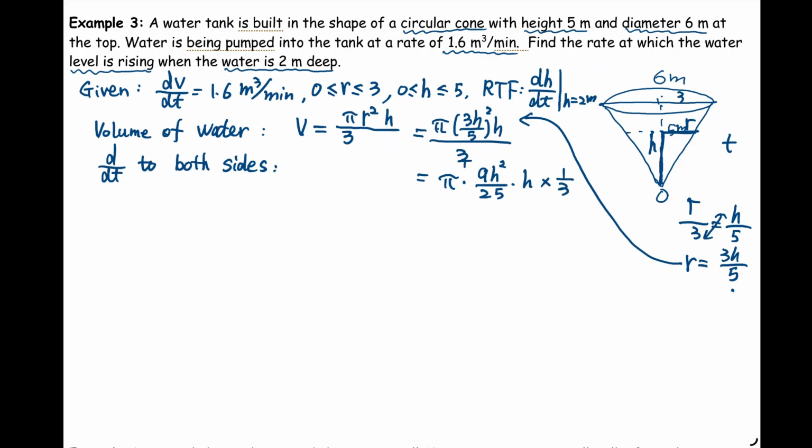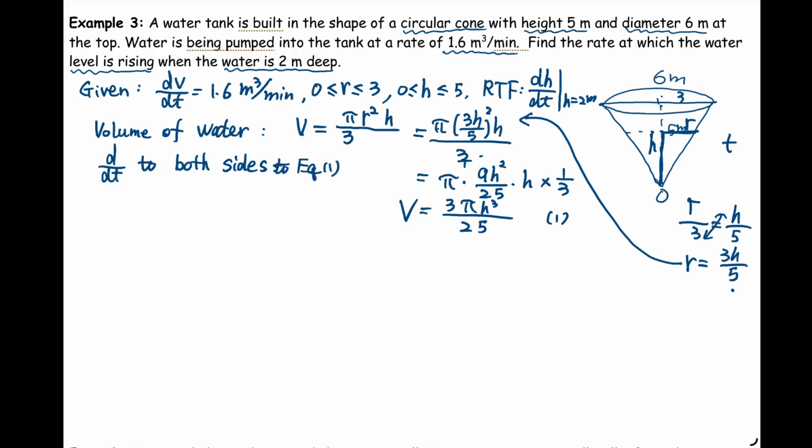So we move this to the very end. Then we simplify it, we have 25, then 3, 9, divide, you have 3 pi h cubed over 25. So this is volume in terms of h.